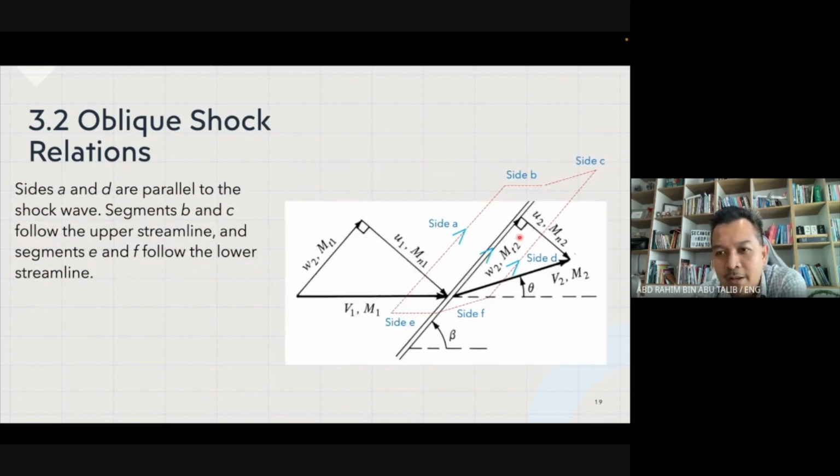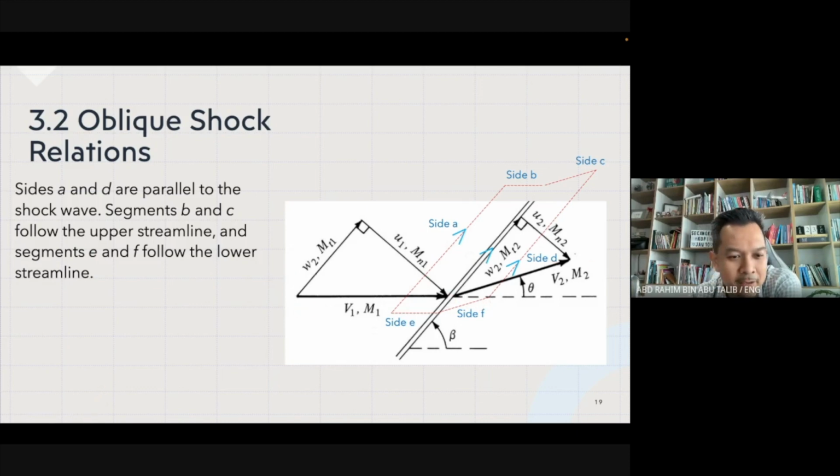We take that as the artificial dotted line over there, side A and side D, whereas segments B and C follow the upper streamline, and segments E and F follow the lower streamline. I hope it is large enough for all of you to see what's going on.